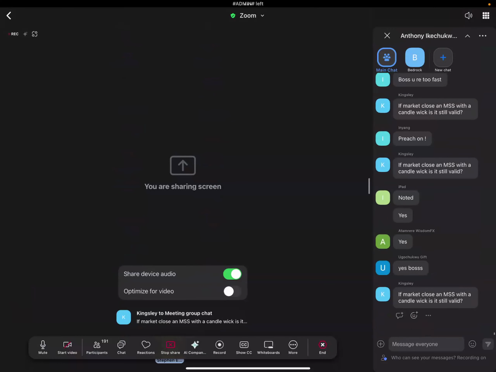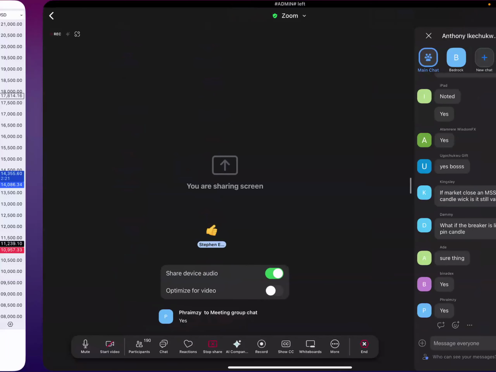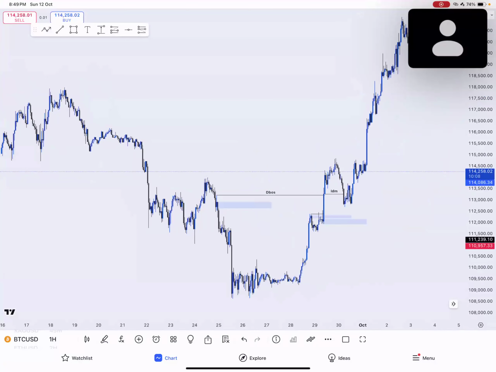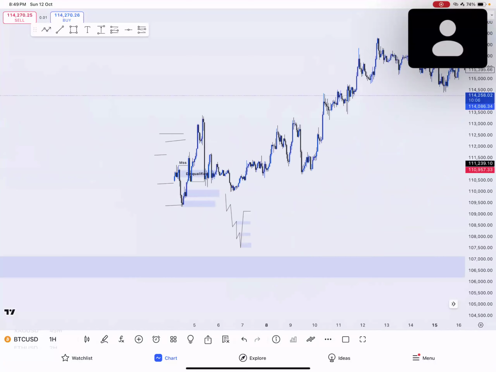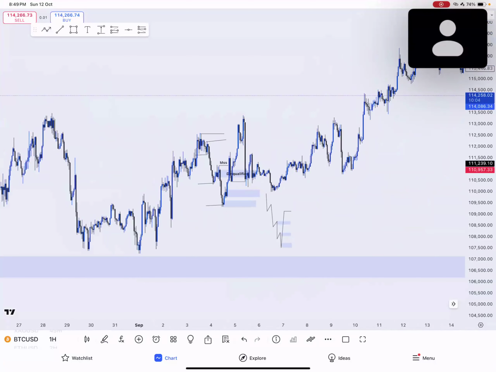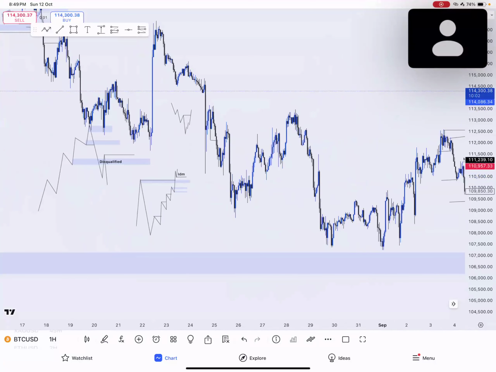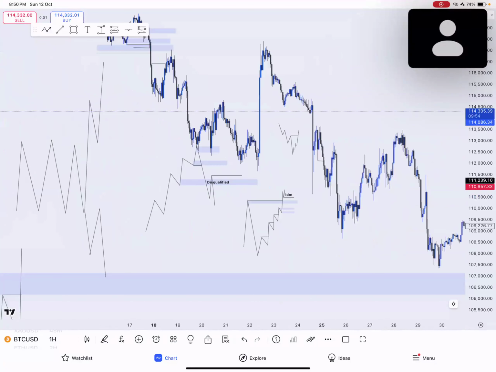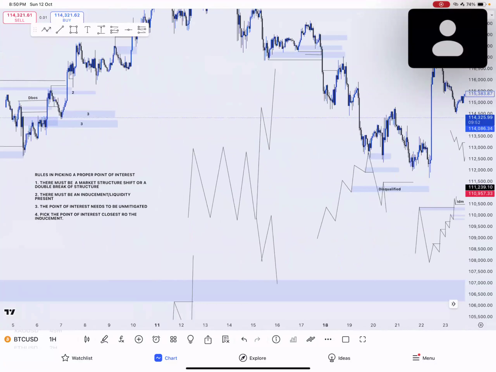All right, now it's time for the final rule in picking a point of interest that will close everything for us. Because in the examples I gave you, one has 2 order blocks, one has 2 breaker blocks. There are multiple POIs there. Some have the order block below, some have it above.